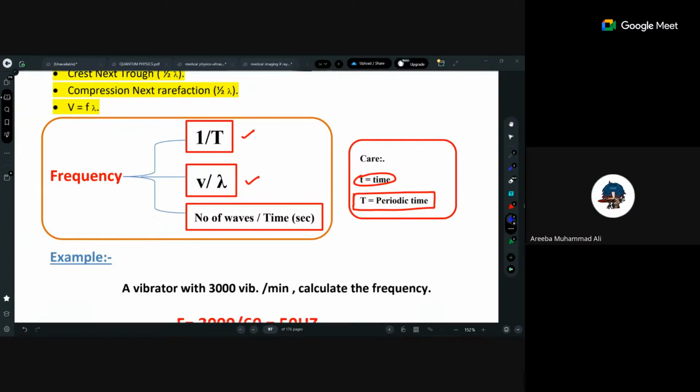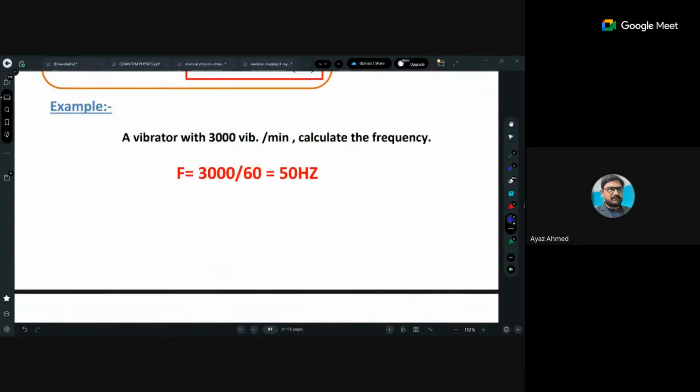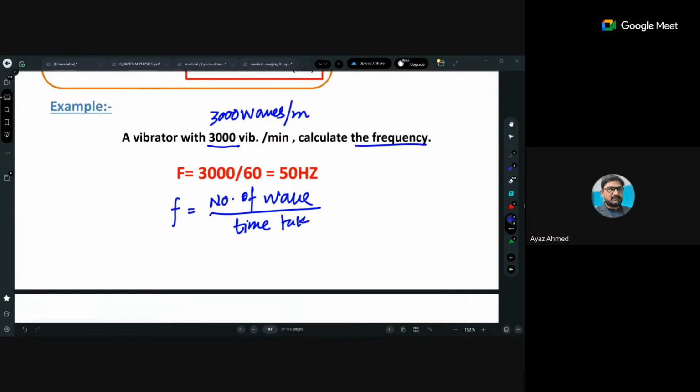Now here is an example. A vibrator has 3000 vibrations per minute, I mean 3000 waves per minute. Calculate the frequency. You know frequency is equal to the number of vibrations or number of waves divided by time taken. That's simple.